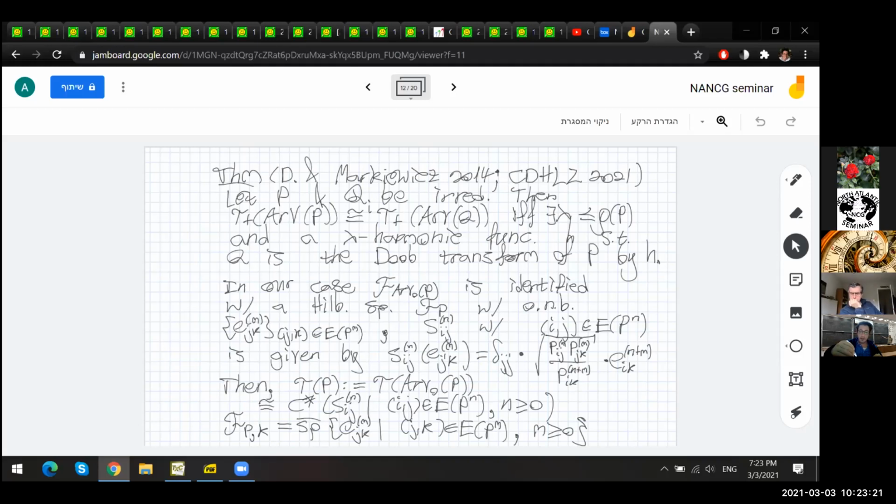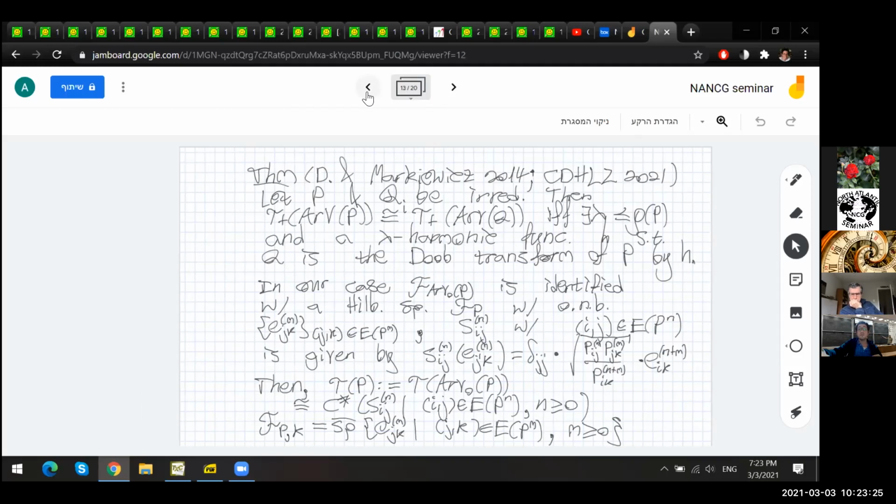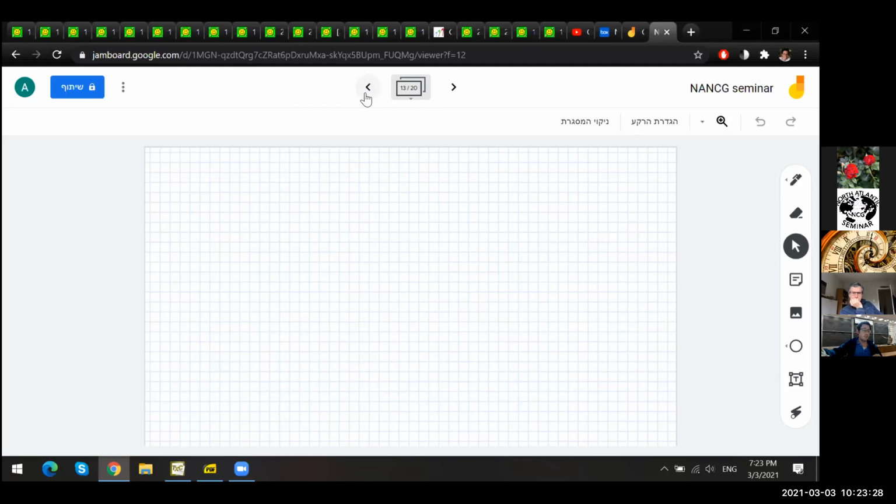So now I want to give you another theorem in which we compute the Viselter Cuntz-Pimsner algebra for these subproduct systems when the matrix is finite. This is a theorem with Markowitz, from 2016. So suppose P is finite and irreducible.